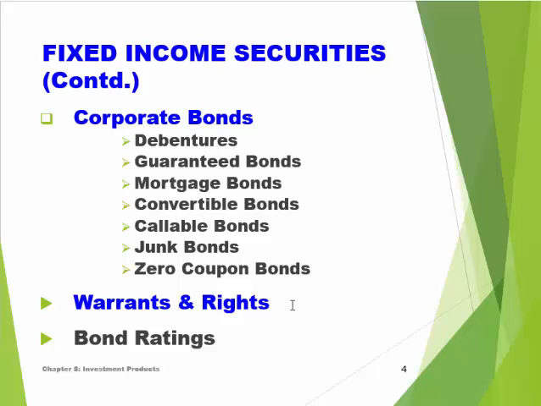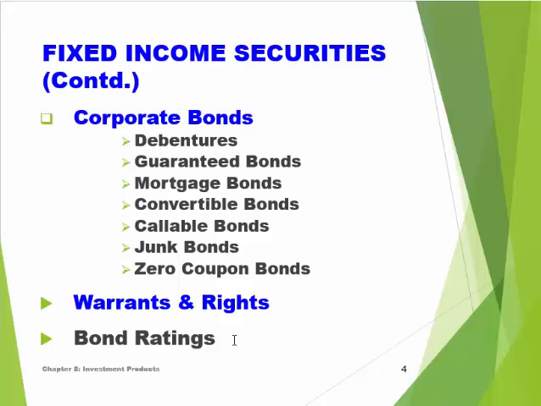Warrants and rights are other kinds of fixed income securities. Essentially, they give you the right to purchase a certain number of common stocks within a certain period of time. Now, they're included here under fixed income securities because they usually have a very short lifespan, and if there is any interest, it is attached to a bond.